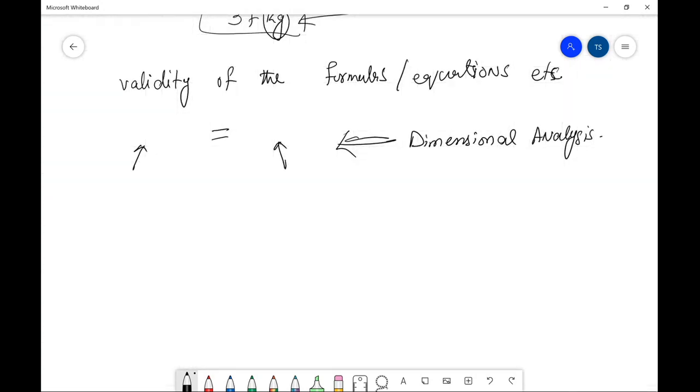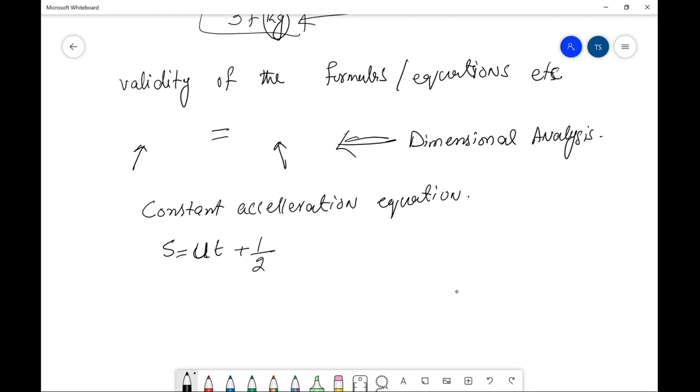We have the constant acceleration equation, which is s equals ut plus half a t squared, where u is initial velocity, t is time, and a is acceleration.